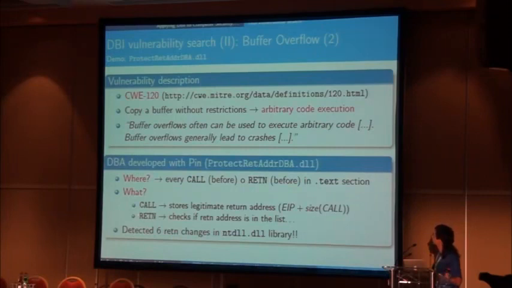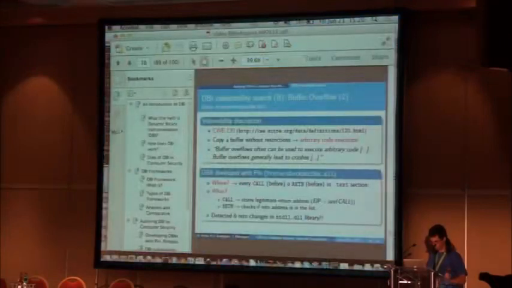Each time I find a return, I will check if the return address matches the one that is in the list. One funny thing, as you will see, is that we have detected 6 return changes in this library, by default, by Windows. Funny thing. Let me show you.